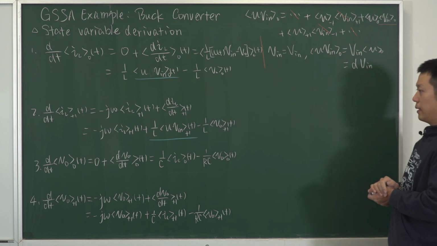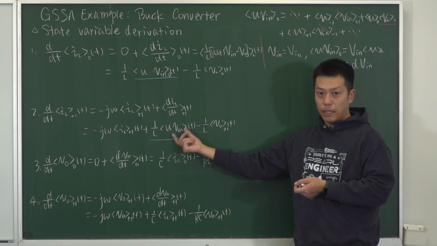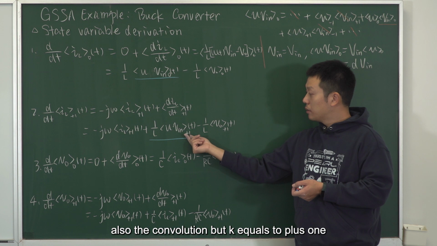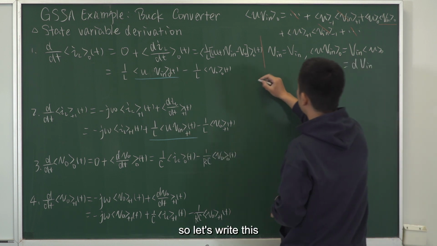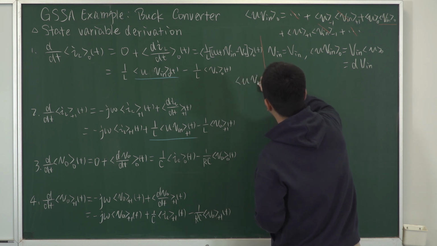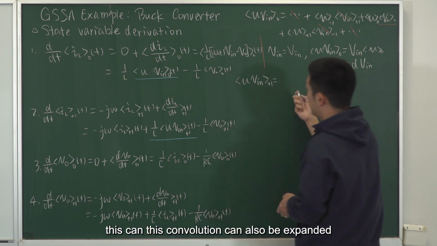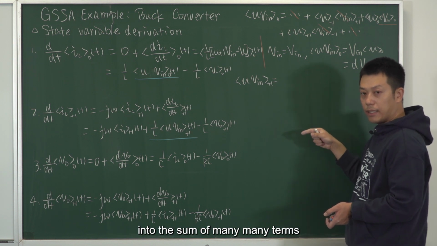Next, we are curious about this one, right? Also the convolution, but k equals to plus 1. So let's write this expression. U times V in, k equals to plus 1. This convolution can also be expanded into the sum of many, many terms.